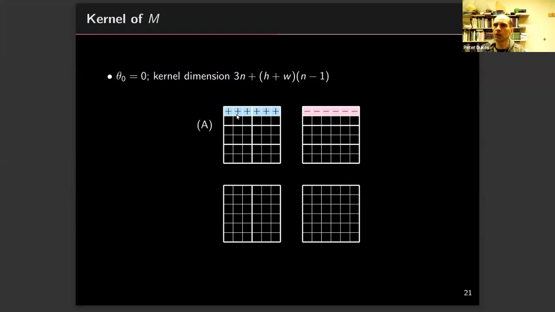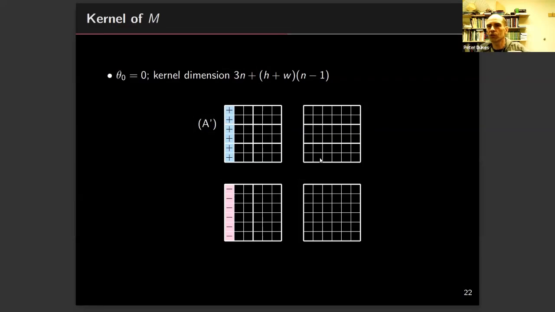Here I have to pick a symbol to complete it, but no matter which symbol I pick, I will cancel out the +1 there because I have a -1 on that symbol. So we end up getting 0. And if you've got 0 anyway for one of these entries, then the extension to tiles will contribute nothing as well, and so you'll get a vector in the kernel by doing something like this.